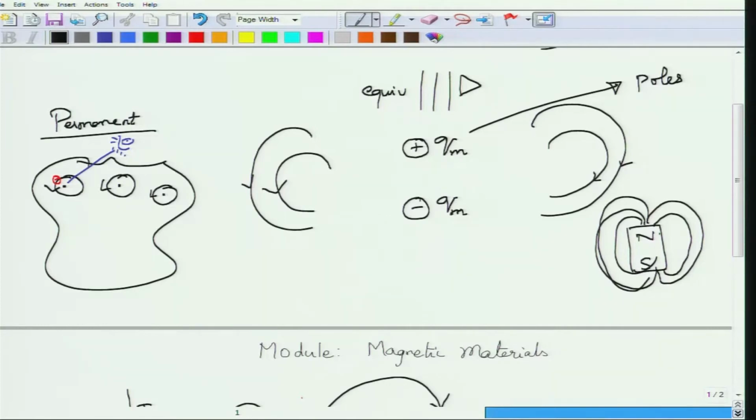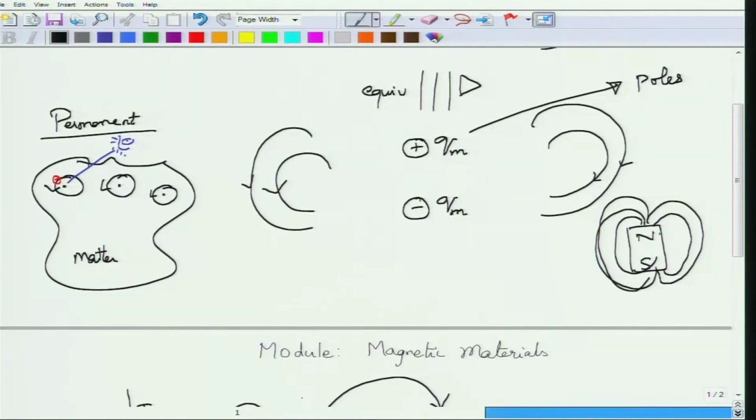Of course, to contribute to an overall magnetic field, you would expect that these tiny current loops must be aligned in some way. Only when they are aligned will there be a net magnetic field. If they are completely randomly oriented, the magnetic moment of each of these current loops is random, and there will not be any net magnetic field.